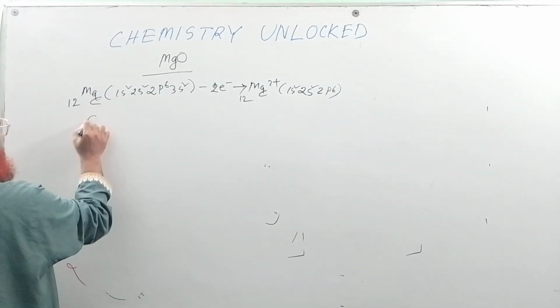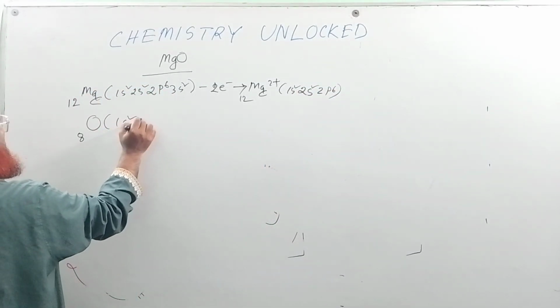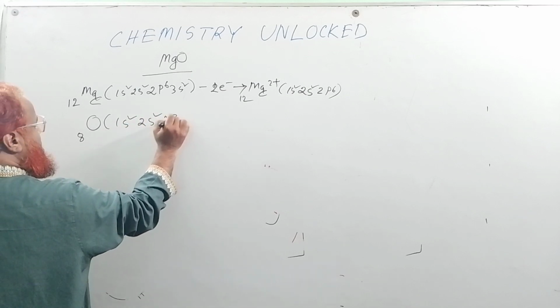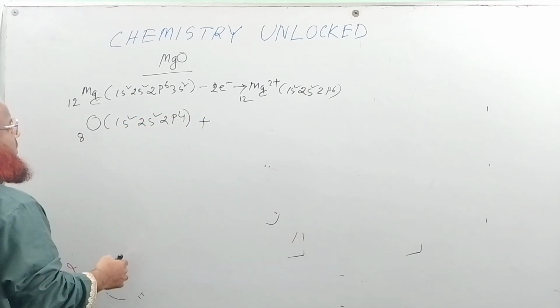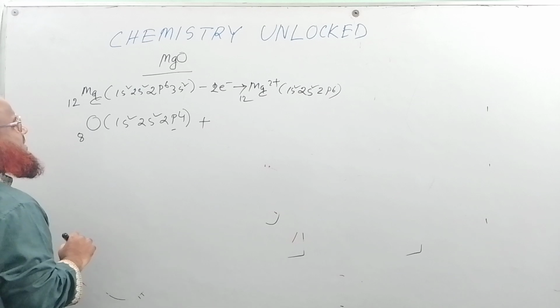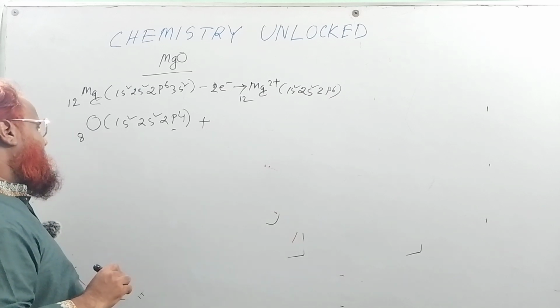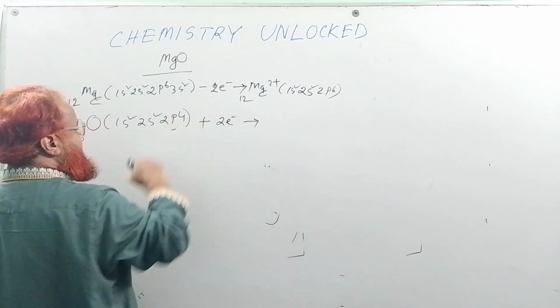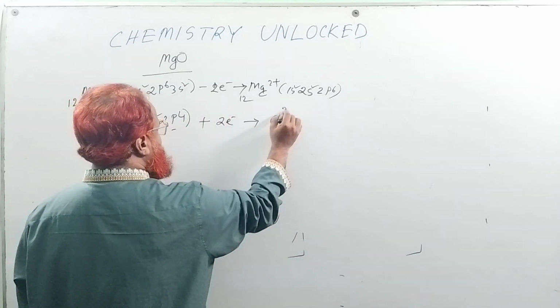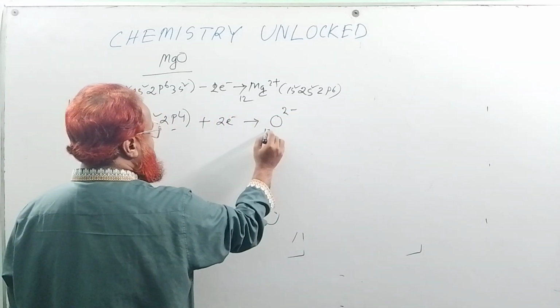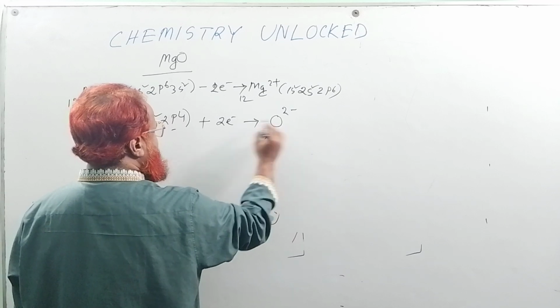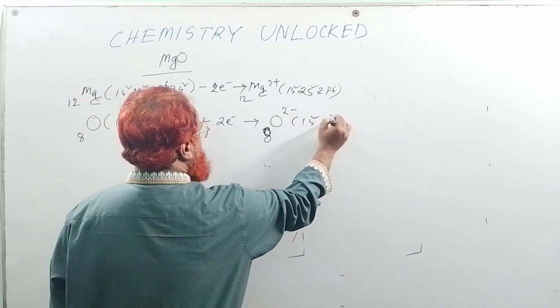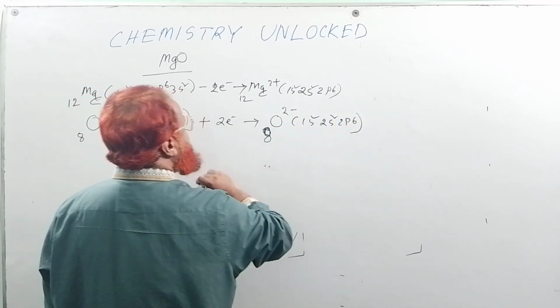Okay. Now oxygen, 1s2, 2s2, 2p4. So to obtain 6 in the p section of the oxygen atom, it requires 2 electrons that will come from the magnesium atom, and it will be converted into oxide like this. 1s2, 2s2, and 2p6.